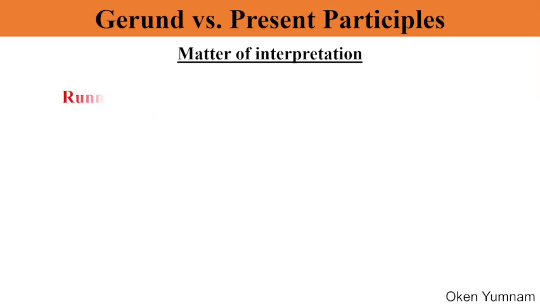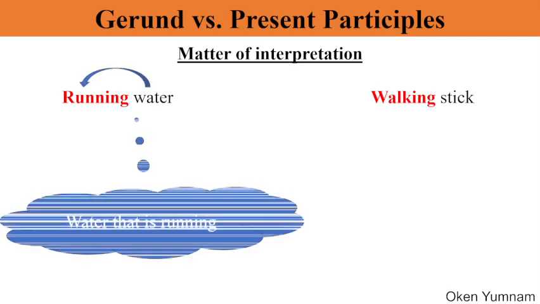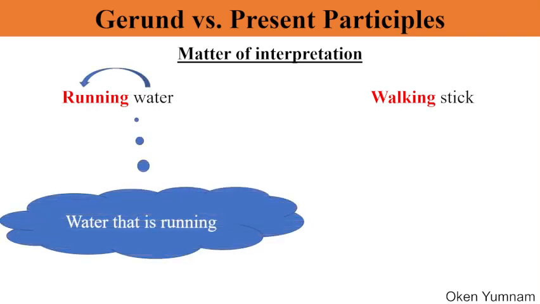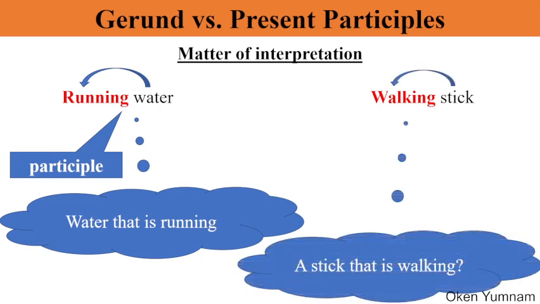Another example here. You see these two phrases, running water and walking stick. Running water. The water is running. Yes, so this is a participle. Running is an adjective here. But if you look at walking stick, can we see a stick that is walking? No, a stick does not walk. Of course, it might be possible in animation movies, but generally it's not.